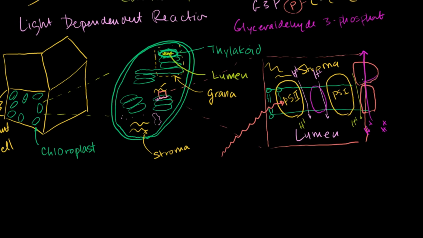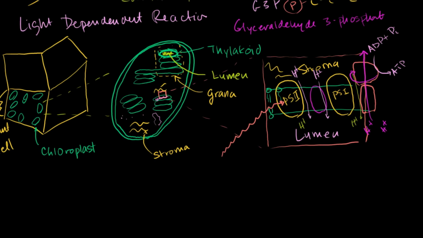That literally mechanically turns this top part, the way I drew it, of the ATP synthase, and it puts ADP and phosphate groups together to produce ATP. So that's the general, very high-level overview, and I'm going to go into more detail in a second.